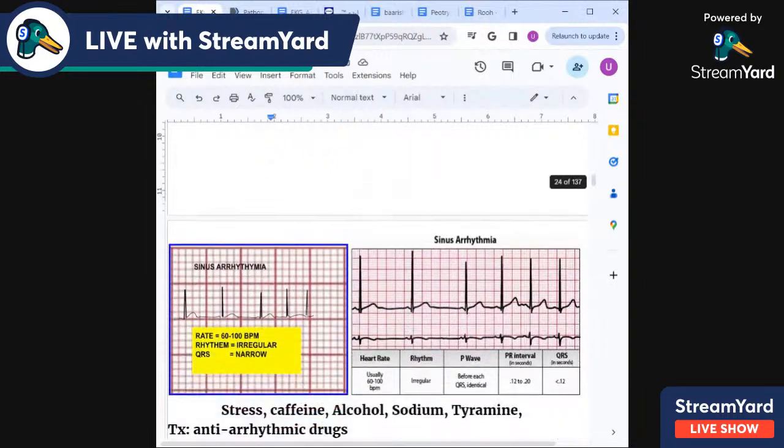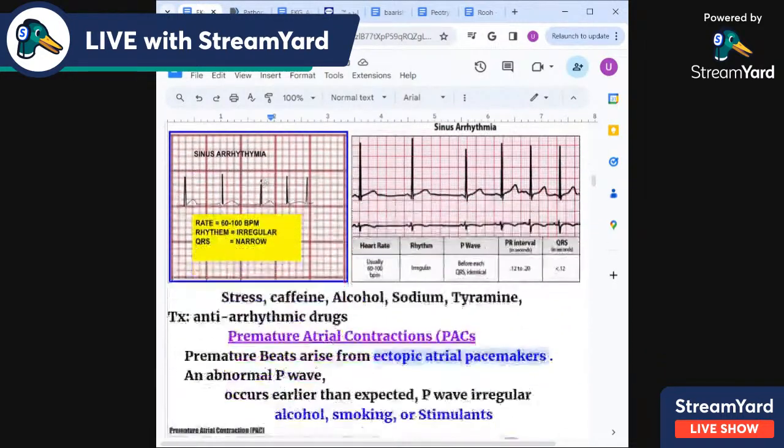Sinus arrhythmia is the first cause of irregular rhythm. Here the rate is not increased, the rate is 60 to 100. You see the narrow QRS and P is present, but there is a rhythm disturbance, an extra beat arising. This is the normal gap between the normal rhythm QRS complexes, but this one here comes before its time.